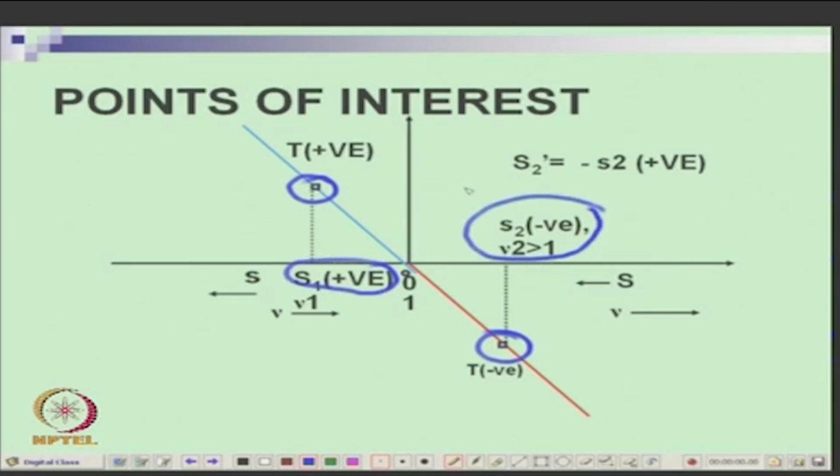So, now for this negative slip condition, that is minus S2, okay. Now, you can call S2 dash as minus S2, okay. If S2 is negative, S2 dash will be positive, just for our understanding.